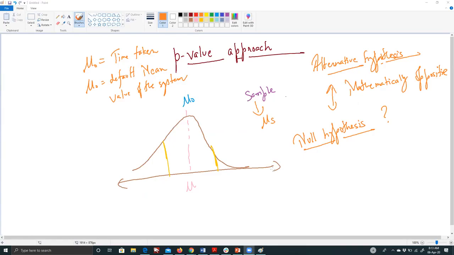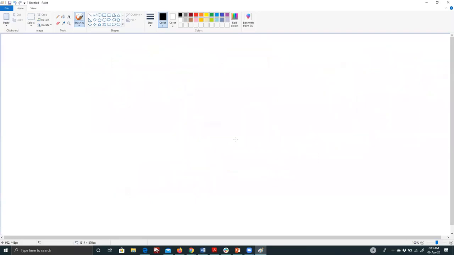Okay, so what could be a good example of such? Even and odd. Good. Anything else? Head and tails. Yes, head and tails could be one. Anything else?